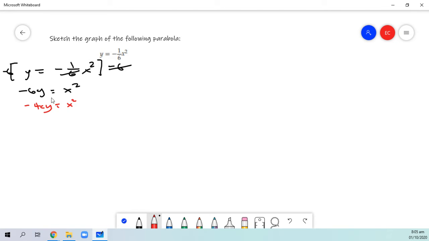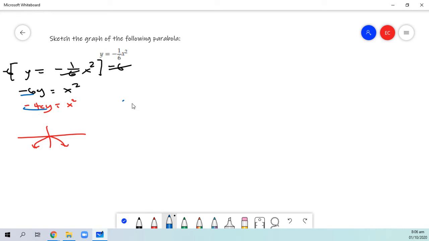And since we know that this is a parabola that's facing down with the vertex at the origin, it would now be a simple case of looking for the value of c and then using that to be able to get the coordinates of the focus, the endpoints of the latus rectum, as well as the equation of the directrix, and then graphing the parabola.